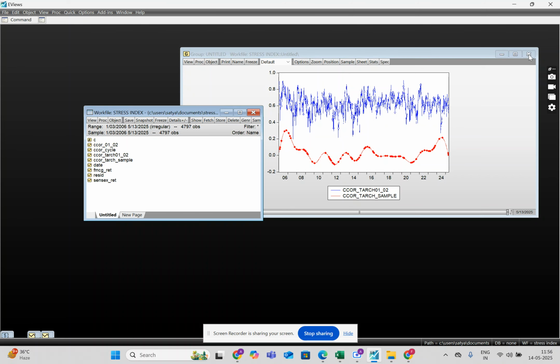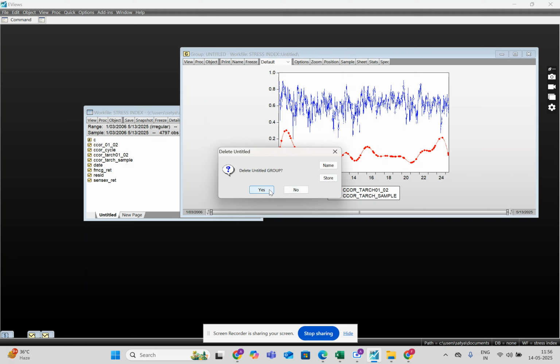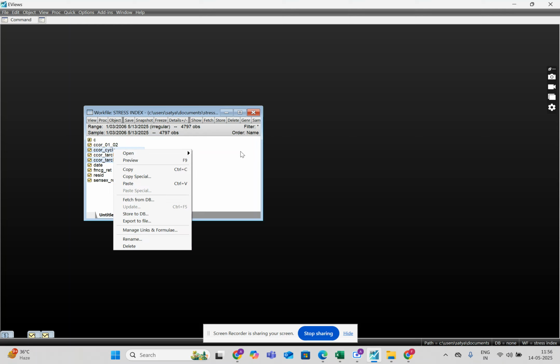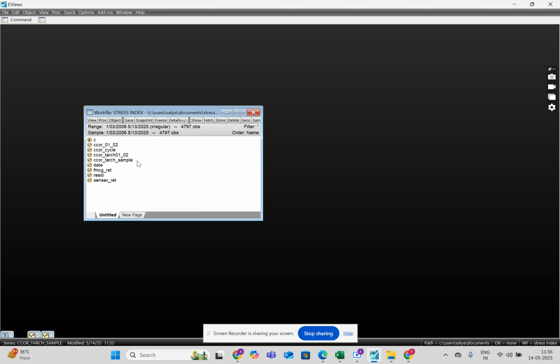Oh, one second. It will not be CCOR TARCH sample. It will be CCOR cycle and CCOR TARCH. Okay. So actually, we are now going to open both of the cycles together. So we will open the CCOR cycle as well as the CCOR TARCH cycle. So I will just recreate the cycle of CCOR TARCH once again.